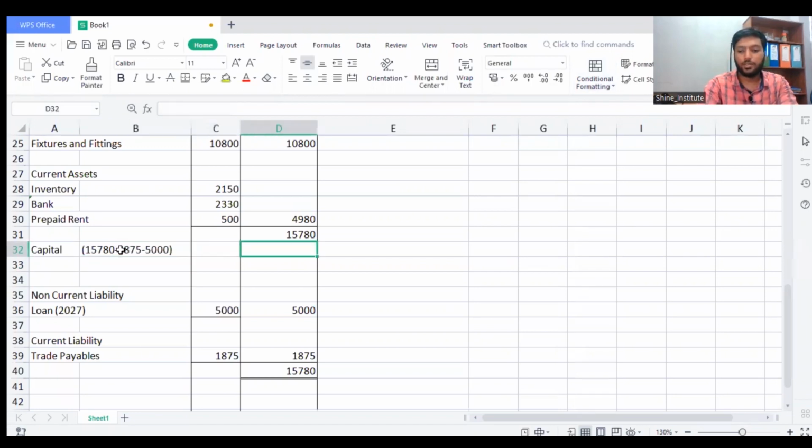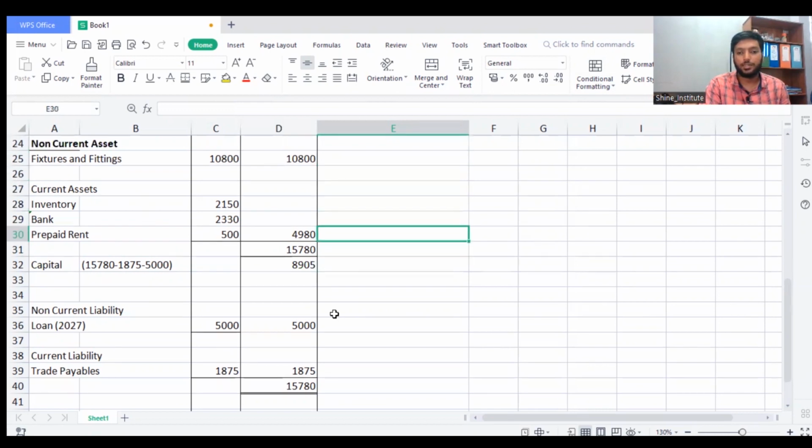So I'll get a balance of 15,780 minus 5,000 minus 1,875, so a balance of 8,905. So this is the exact balance we were looking for, capital, and we have already found it. You guys can see it was so quick. First of all, I took the fixtures and fittings and the current assets. For the total, brought the same balances below and then deducted the non-current liability and current liability, and found the capital balance.